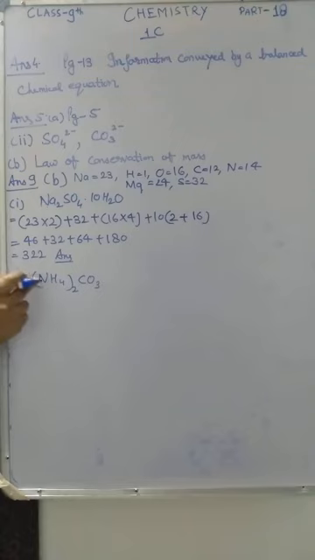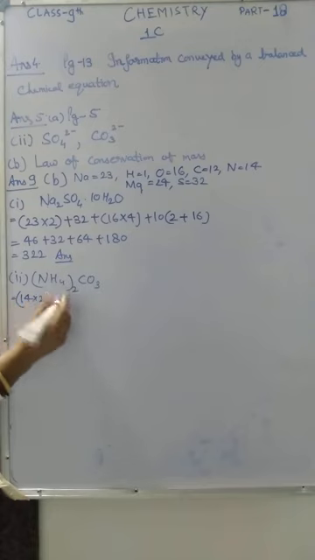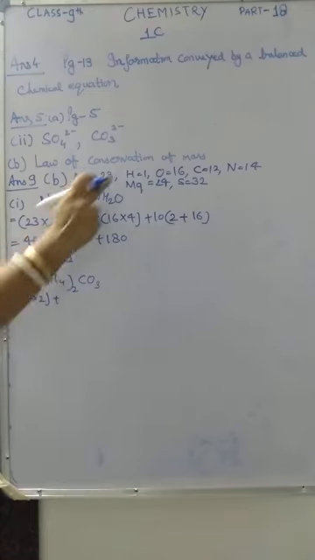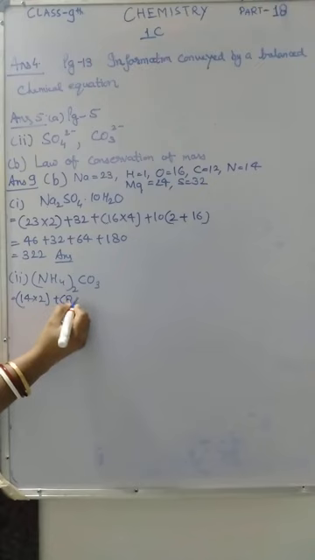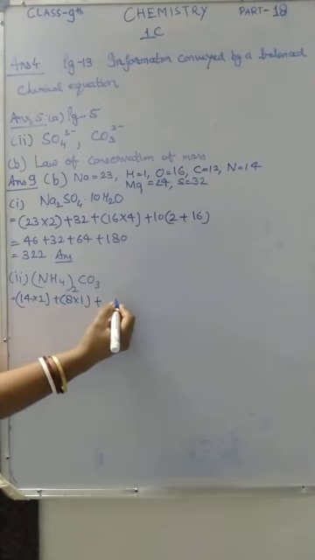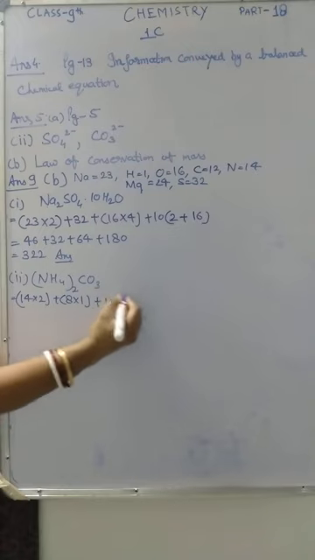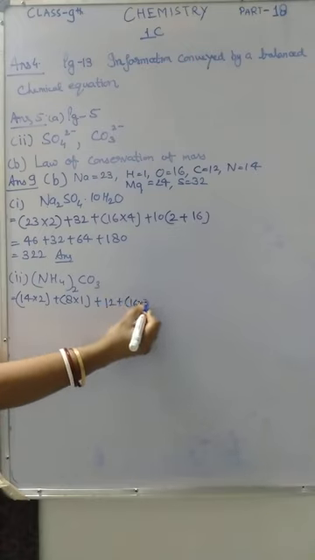Is it okay? So nitrogen 14 into 2, okay, plus 4 twos are 8. And atomic mass of hydrogen is 1. So 8 into 1. Okay, plus carbon 12, oxygen 16 into 3.